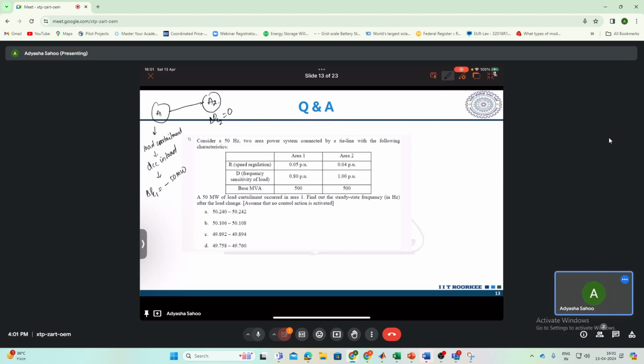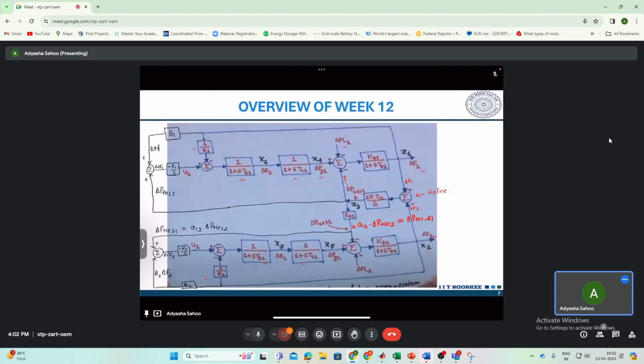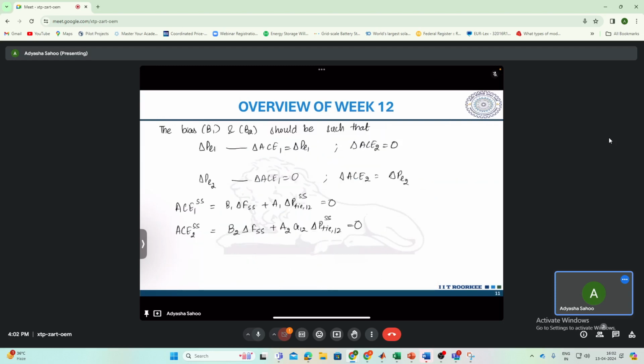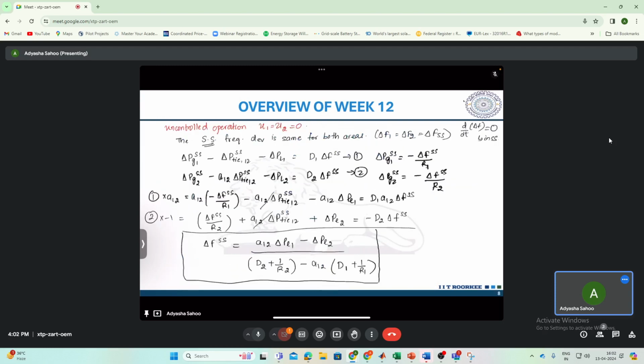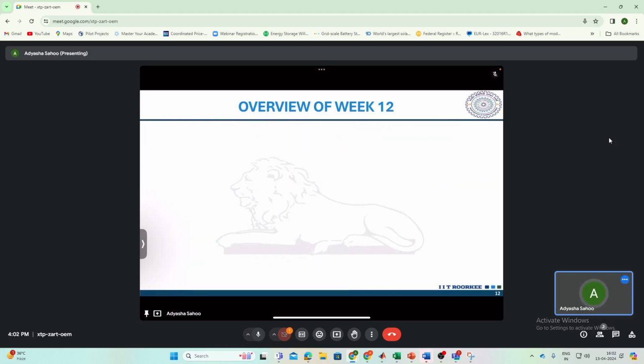So this we had seen, right? Basically, your delta F, basically this formula, right? So let me write it here.